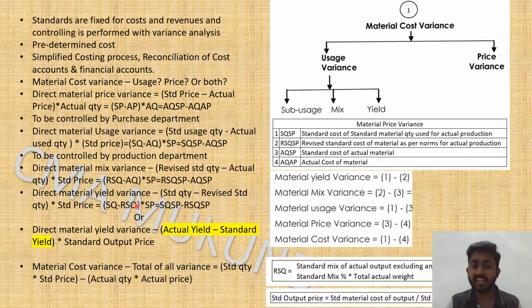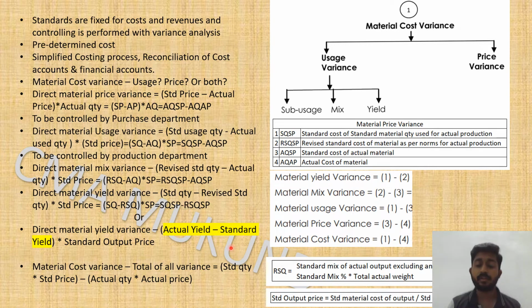Next comes the material yield variance. So yield is nothing but what is the yield that you have got. Finally, the end result, whatever the standard result and whatever is the actual result is nothing but the net output, maybe in kgs, or in numbers.